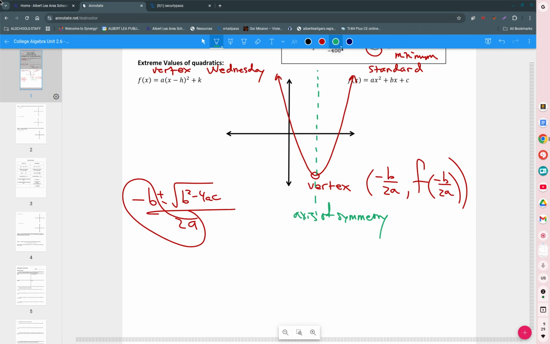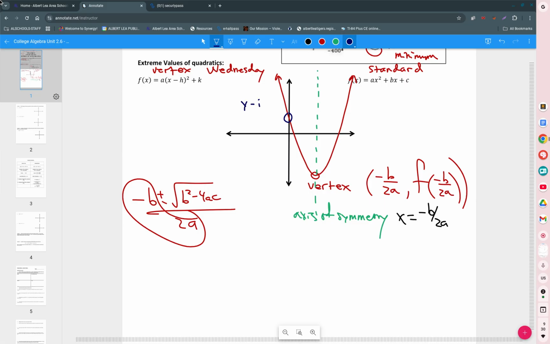Axis of symmetry, is that a vertical line or a horizontal line? Vertical line. Vertical lines have an equation of x equals, thank you. What do we call this spot on the graph right there? The y-intercept.